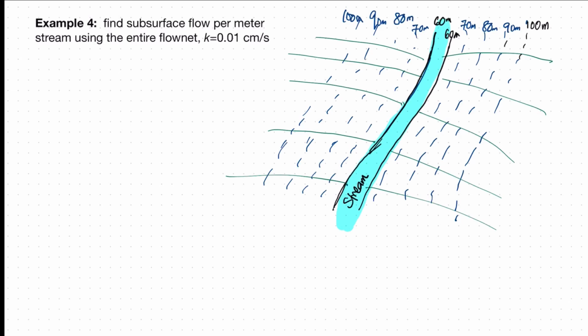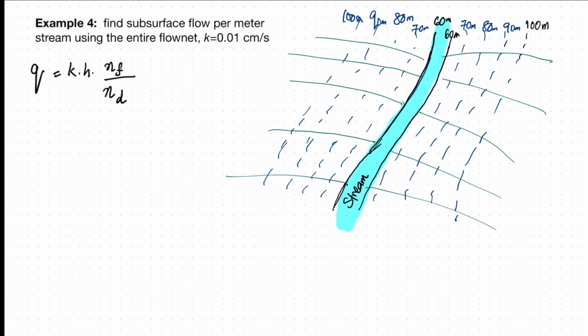So when you are trying to find the flow per meter of water stream, you will need to use the equation Q equals K times H times NF, the number of flow channels, divided by the number of equipotential drops.